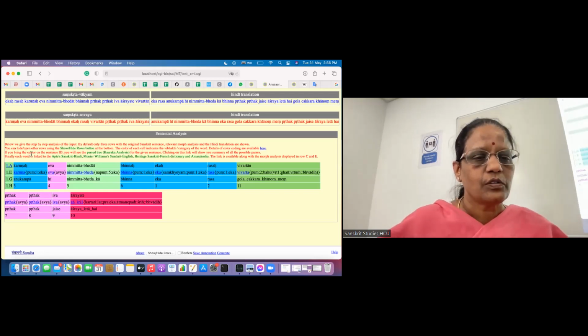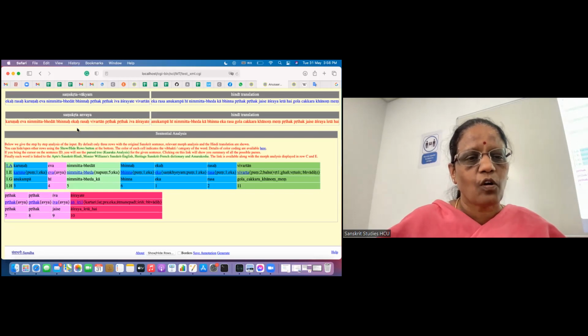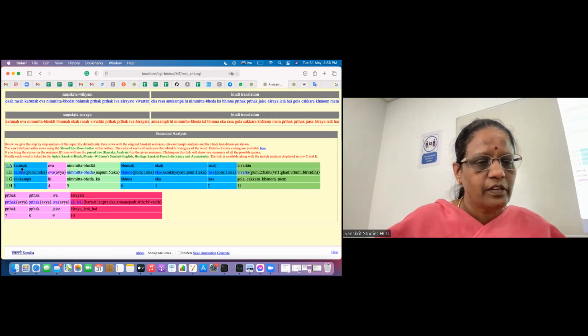Okay. So here we have this shloka, and the machine has given the prose order of it. Actually, there is something wrong in the prose order. Then you see here there are 4 rows under each word.